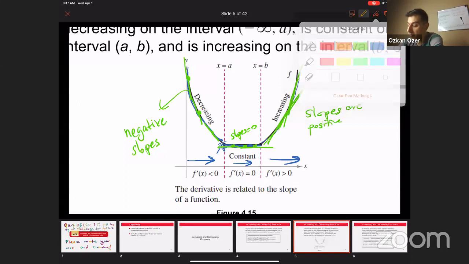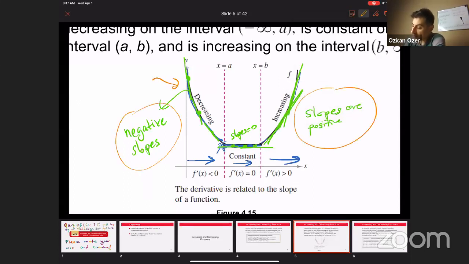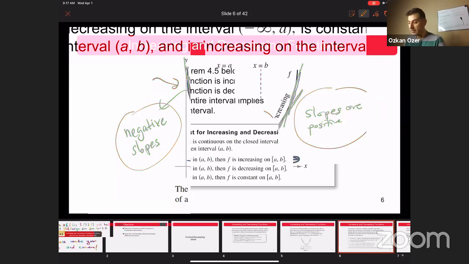So then you have the negative slopes, positive slopes, and 0 slope here. So you can see the relationship between increasing and decreasing behavior and the slopes of the function on those intervals. This picture explains all, but I'm going to present this fact.